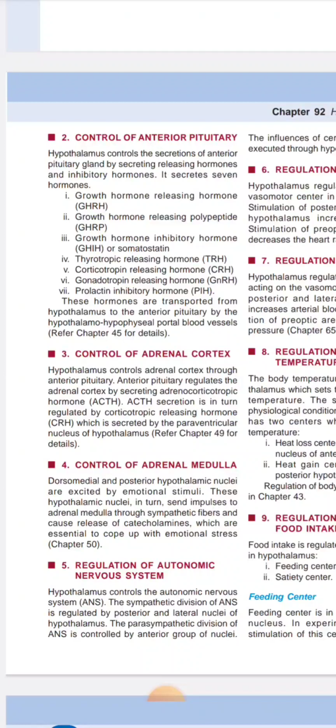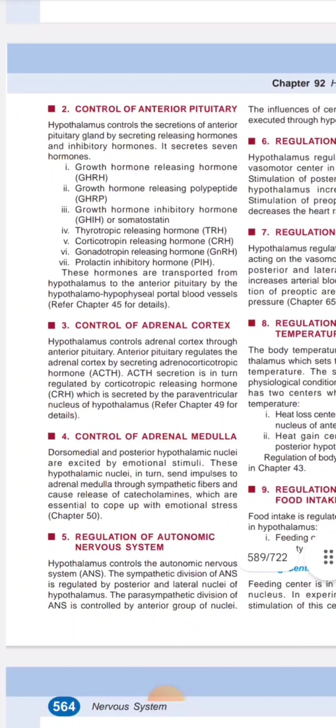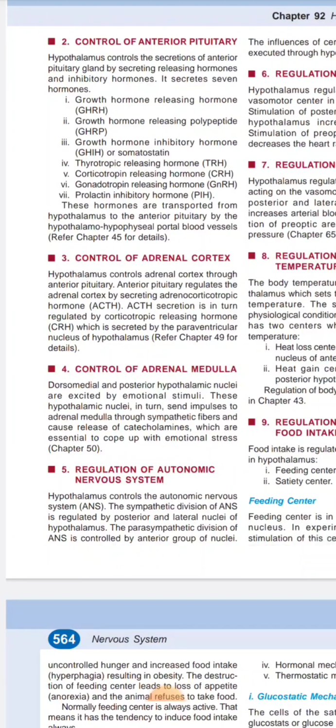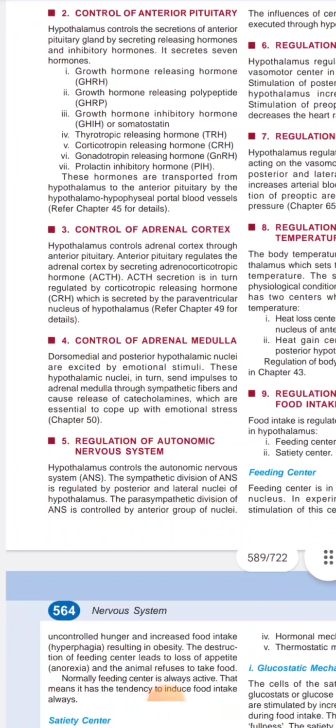Growth hormone releasing hormone, growth hormone releasing polypeptide, growth hormone inhibitory hormone, also called somatostatin, thyrotropin releasing hormone, corticotropin releasing hormone, gonadotropin releasing hormone, prolactin inhibiting hormone. All these hormones are secreted by hypothalamus. They will regulate the hormones which are secreted by anterior pituitary.